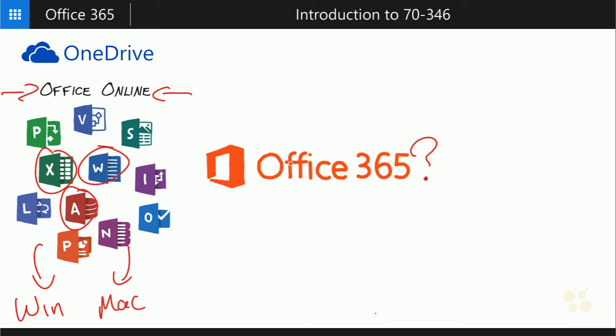Now, if you think that Microsoft Office products are all that Office 365 is, well, that's understandable, but there's actually a lot more to it. I mentioned OneDrive a moment ago, which is just a drive or a file sharing mechanism inside of the cloud so that you can save files to the cloud and retrieve them easily from any device. But Microsoft Office 365 also offers SharePoint Online.